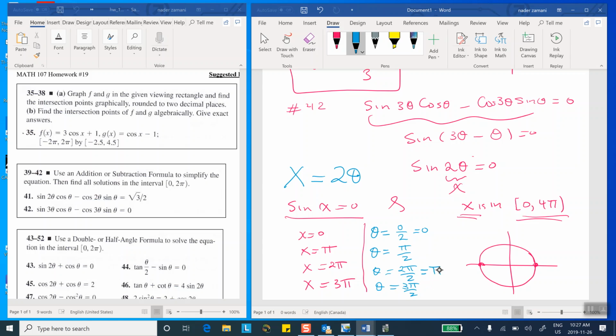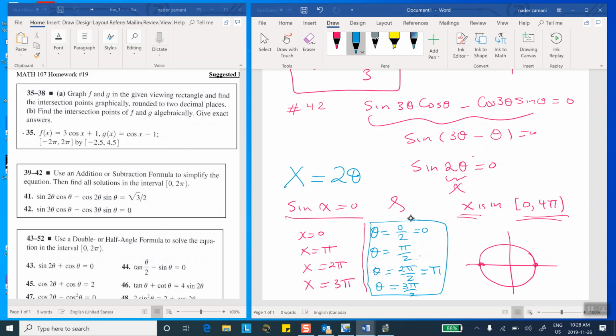Believe me, these thetas all lie in the interval 0 to 2 pi, as we were expected to look in that area.